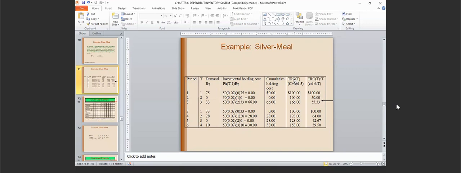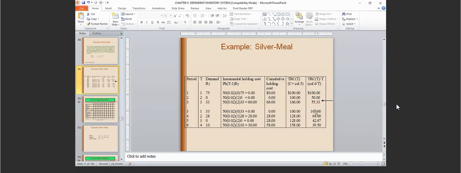The total relevant cost over the T period is 100 plus 28, we have 128, and to get the average, we divide by the value of T, which is 2. So 128 divided by 2, we have 64 ringgit.